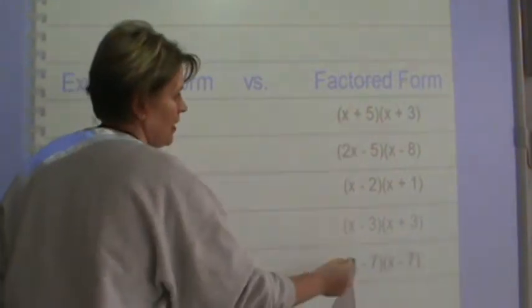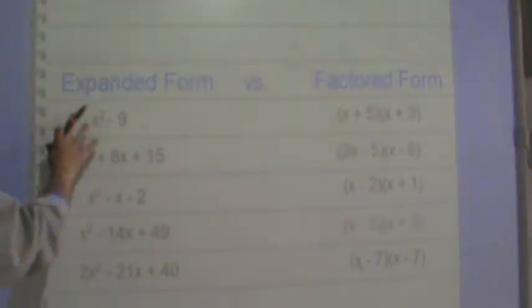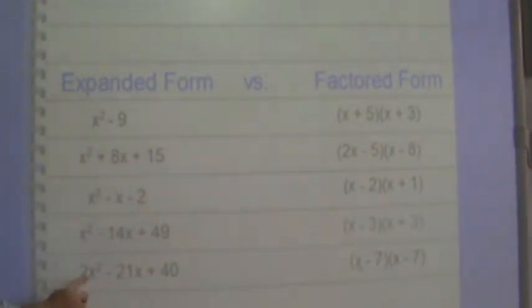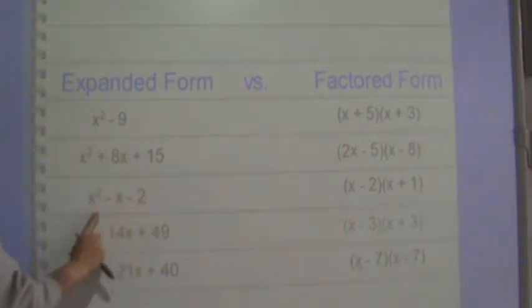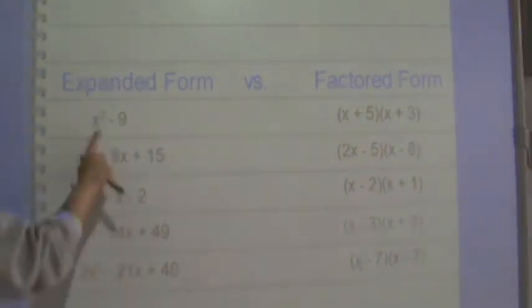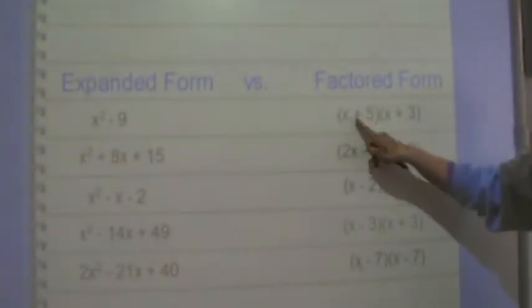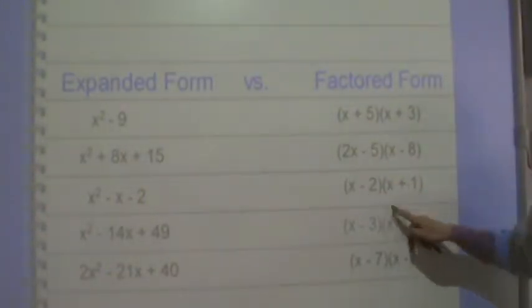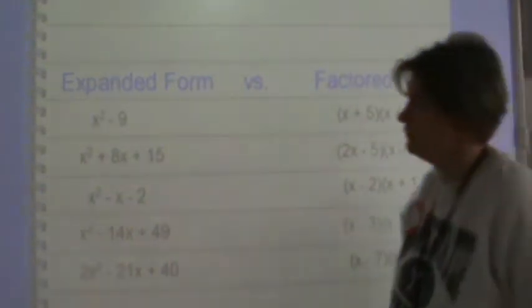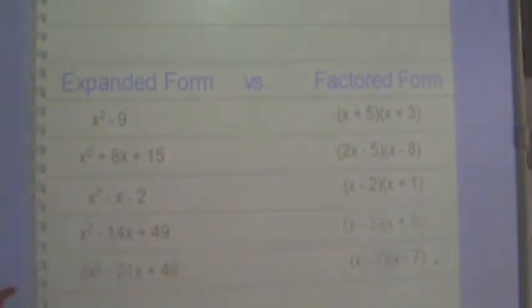Expanded. And factored. Okay, so if we look at each of these, they're either binomials or trinomials. There's no parentheses, whereas over here, these are all a binomial times a binomial within parentheses. So that's our difference between expanded form and factored form, just at a glance.